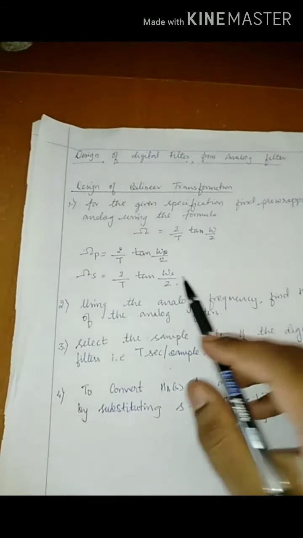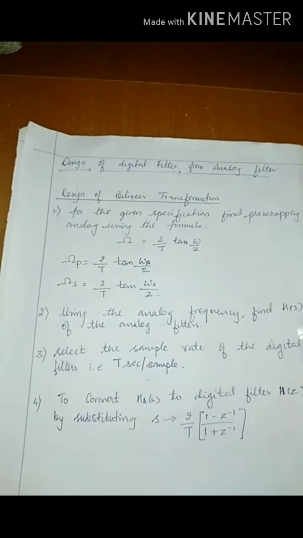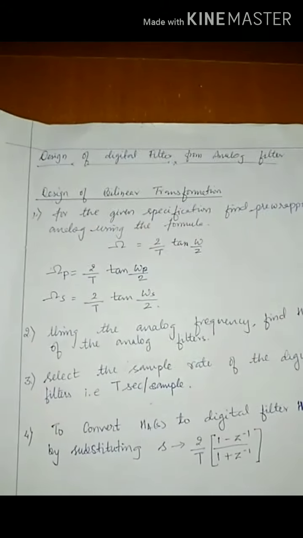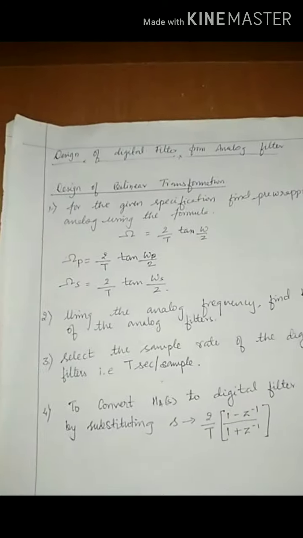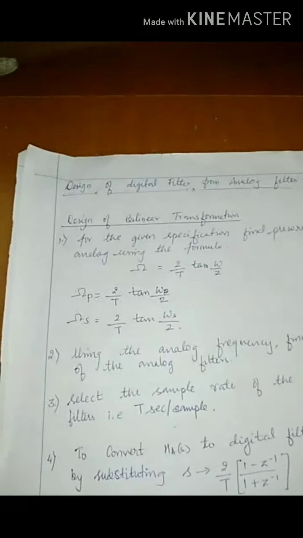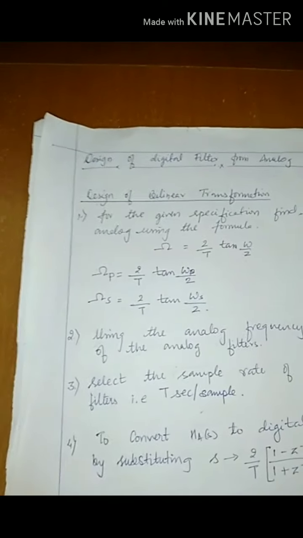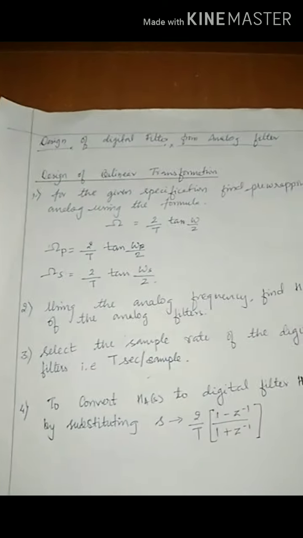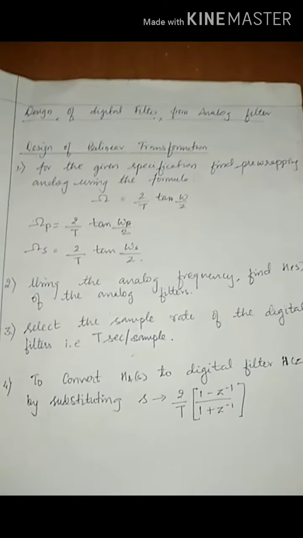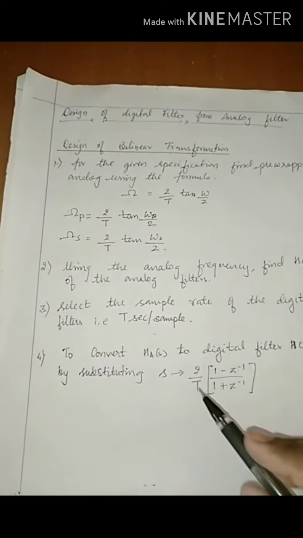So here in step 2 we'll be designing an analog normalized low pass Butterworth filter, calculating the order, rounding off the value of N, calculating the value of Omega s, and applying low pass to low pass transformation. Once we get the transfer function H of s, then we are going to convert that to H of z by this substitution.